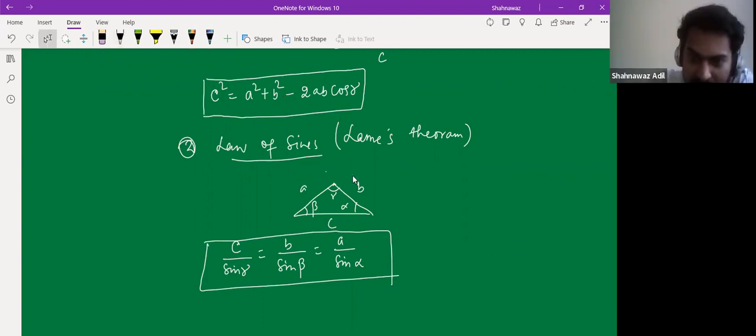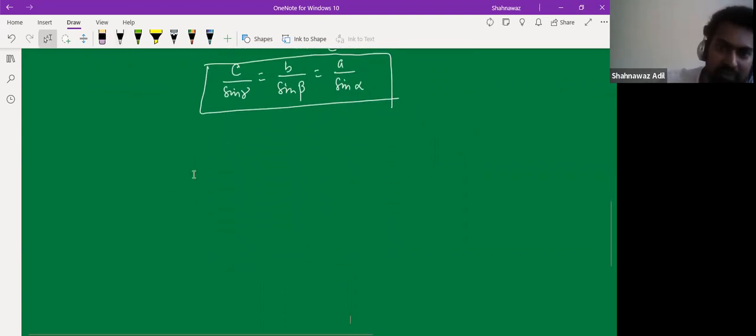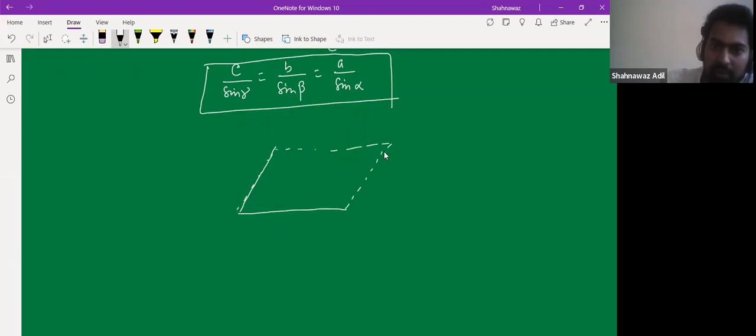So where were we? We were at the magnitude of a vector in the parallelogram law. So this was your diagram. So this was B, this was A, this is again B, and this is again A. And this was the resultant.